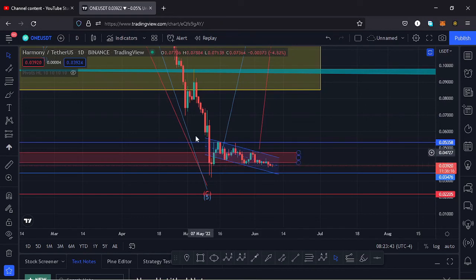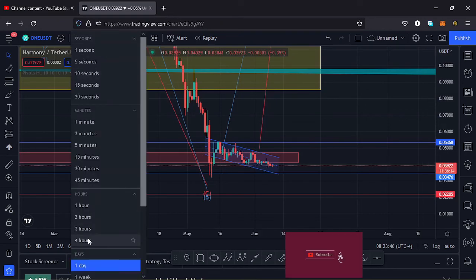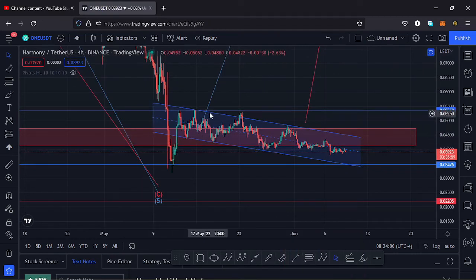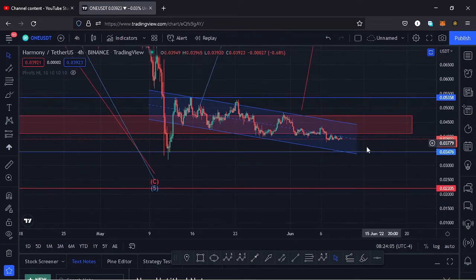At the moment, if I go to the 4-hour chart for us to see that better, you can see that the price of Harmony One has been ranging within this descending channel, and there are key scenarios that can play out basing on this channel.